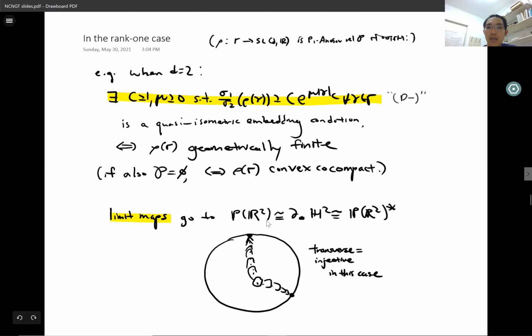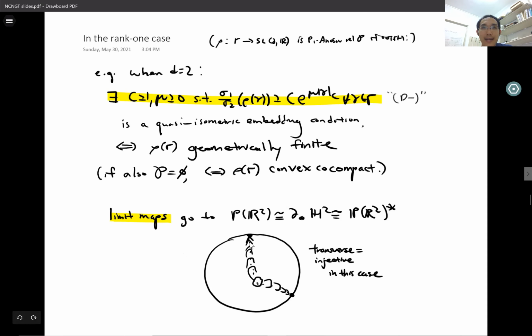Okay, and then a little bit about the limit maps. So when d is equal to 2, the projective space, also the dual projective space, you can identify with the boundary circle of the hyperbolic plane. And given a geometrically finite subgroup, say a surface subgroup, we can see the limit map associated to it as follows.